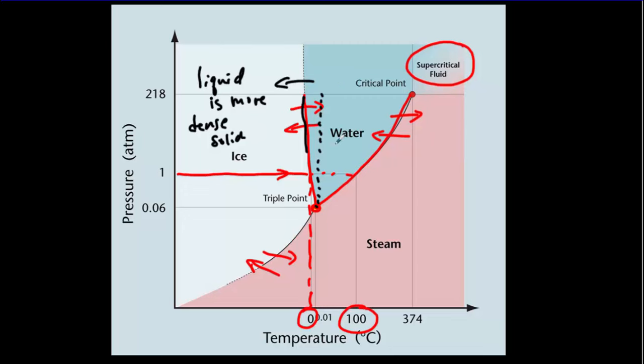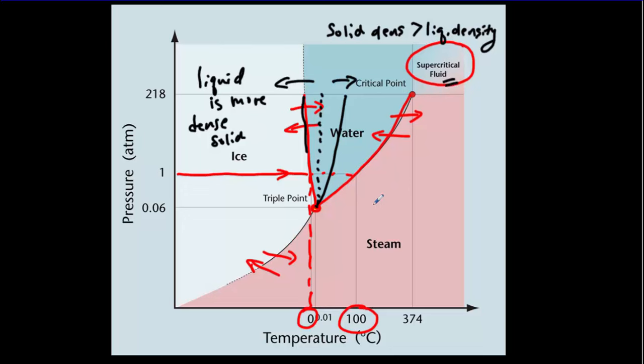If it bends the other way, so maybe a more typical situation would be a curve like that, that would be the expected case, where the solid density is bigger than the liquid density. So just one more thing that we can see from these phase diagrams.